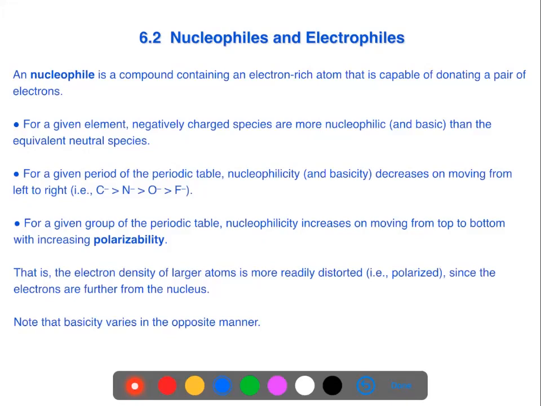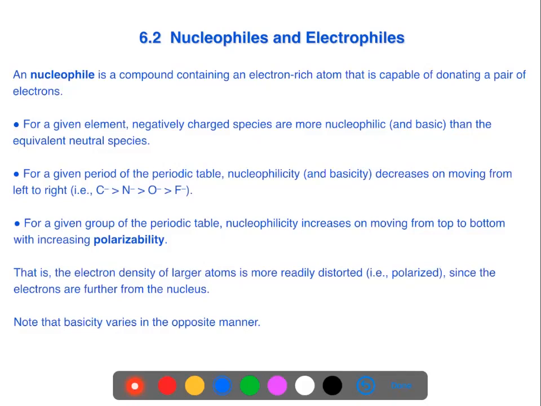Now, for a given group, that is a column on the periodic table, nucleophilicity is going to increase on moving from top to bottom. And the reason why we see an increase in nucleophilicity as we go down a column is somewhat due to the size of the atom as it increases.